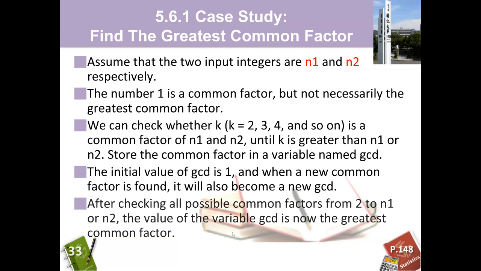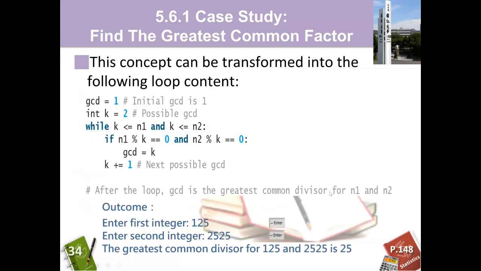So this is the algorithm here. This concept can be transformed into the following loop. First, we set the initial value of GCD to 1, and then we put a variable called k, which will try from 2, because we don't know which one will come first, the smaller one. While k is smaller than or equal to n1 and n2, then we can do the following check.